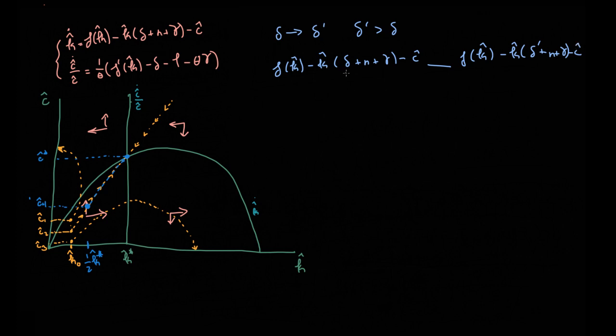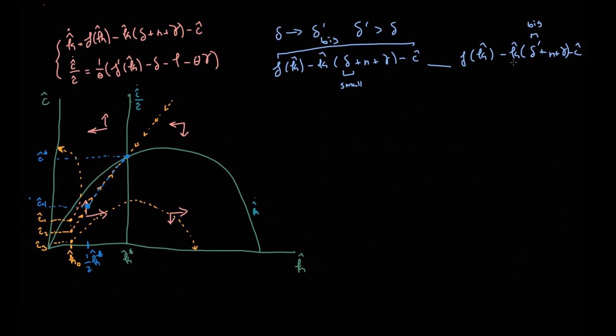Okay, so this delta is small. And we're going to multiply something small by k hat and then subtract it, so this is going to be relatively bigger. On the other hand, this one is going to be big. This delta prime is the big one.